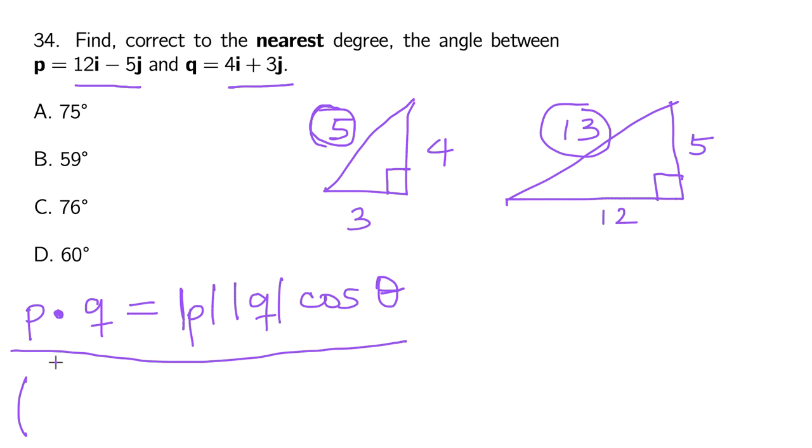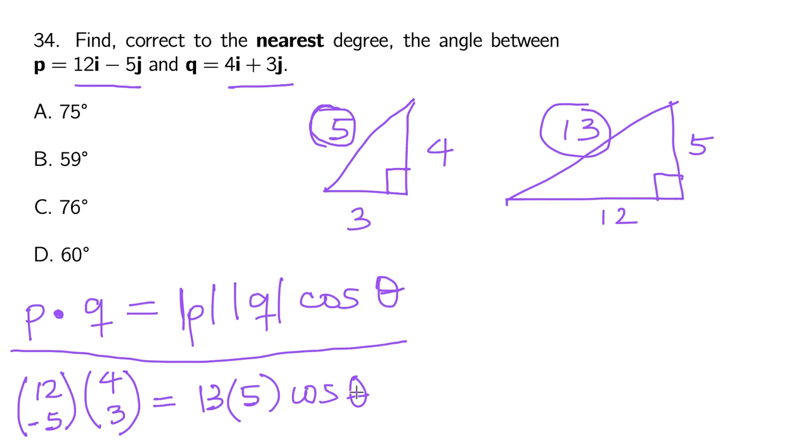The dot product of P and Q, we have (12, -5) dot (4, 3), and then we've already found the magnitude of P to be 13, and we found the magnitude of Q to be 5, times cosine of theta. So if we can somehow find this dot product, we equate it to this, and then we're good to go.